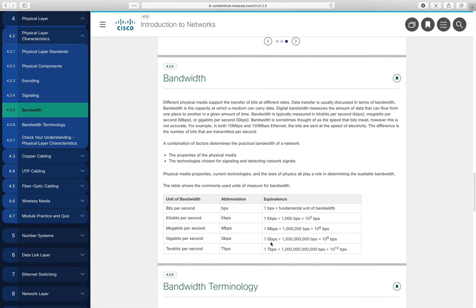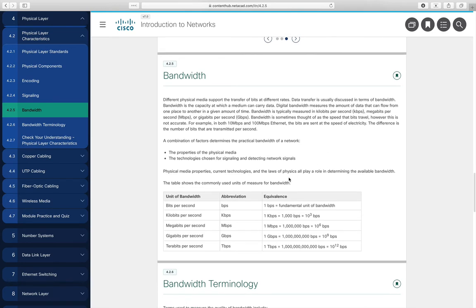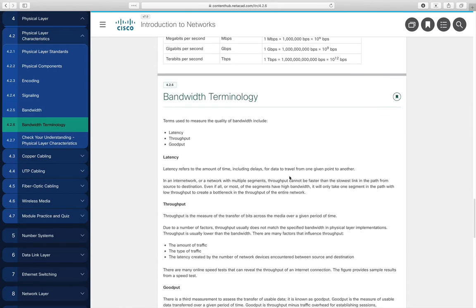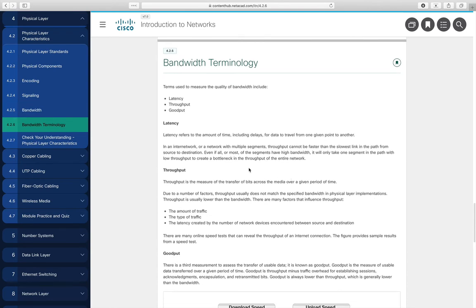So it's important to look at that. The amount of data, or the bandwidth, that we can move over a cable depends on a number of things. First of all, it depends upon what the physical media actually is. And then it also depends on how we are signaling and detecting that signaling on the network. Both of those things can factor into the bandwidth.